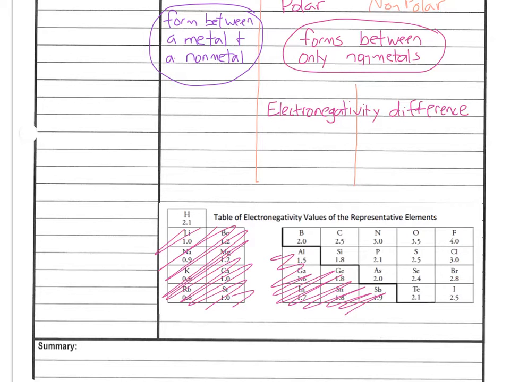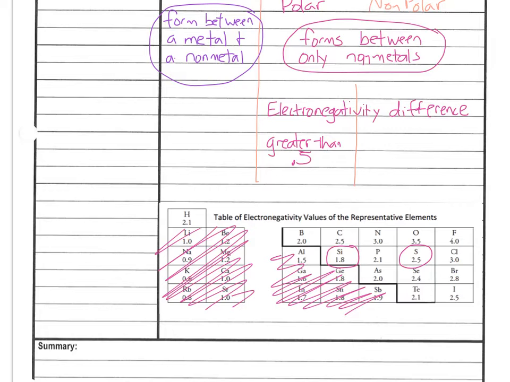So if we're looking at an electronegativity difference, to be polar, that electronegativity difference is greater than 0.5. So if I picked silicon and sulfur, those guys would make a polar covalent compound because the difference between 1.8 and 2.5 is 0.7, and so that makes it a polar compound.